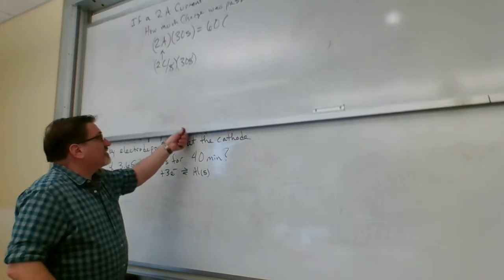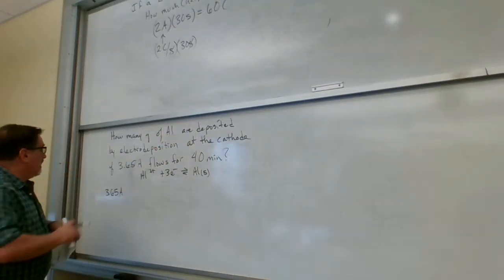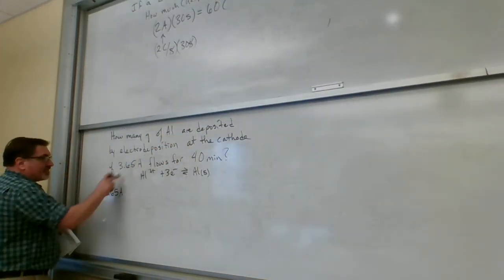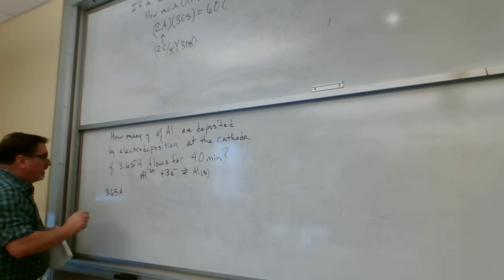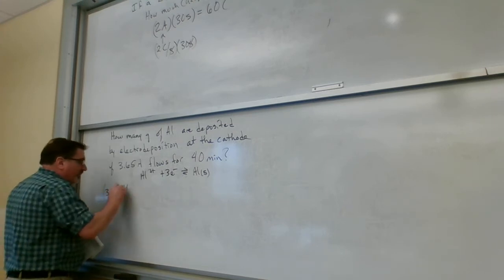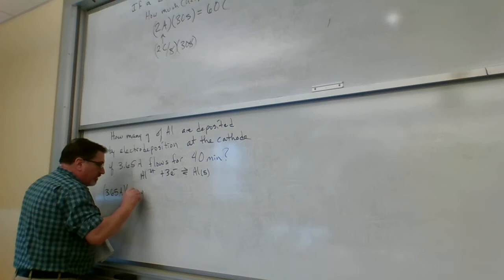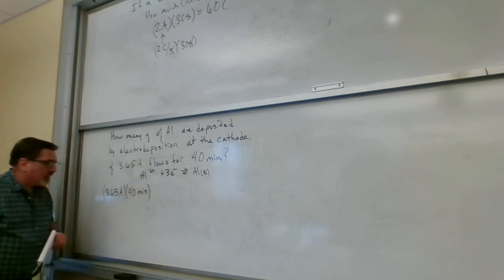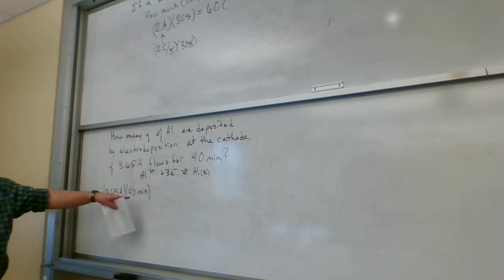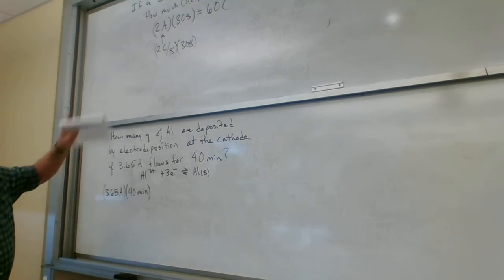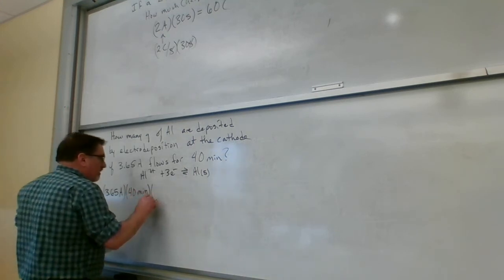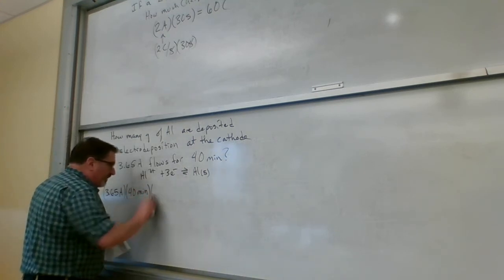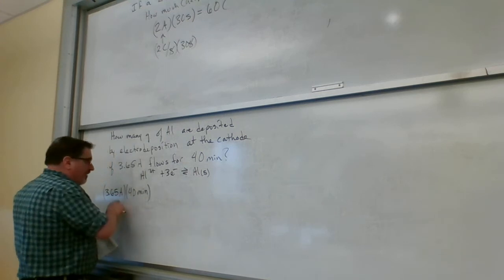So 2 amps up there, now we've got 3.65 in this problem. 3.65 amps flowed for 40 minutes. We've got to get the minutes into seconds because it's a second relationship on the coulombs. So 40 minutes, now we have amp minutes.